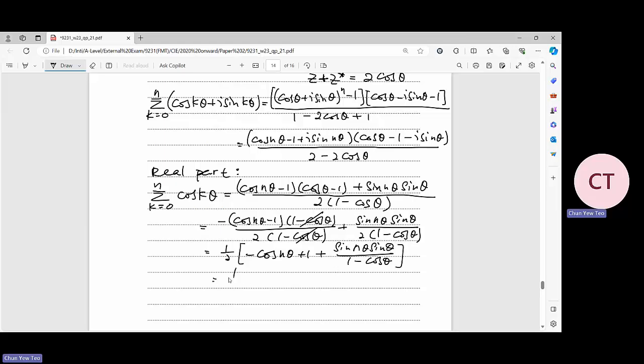Then just reverse the process. I just need to put the 1 in front and the cos n theta behind, then you get the answer already.